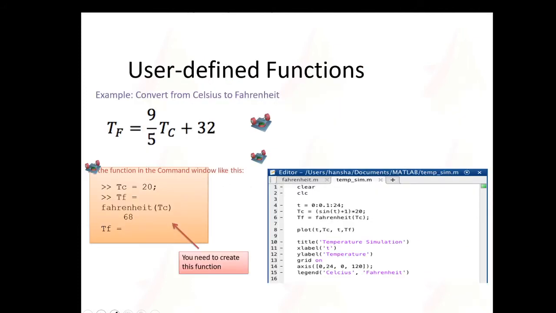Then converting Celsius to Fahrenheit. Tc equal to 20, and you are giving Tf equal to Fahrenheit of Tc. For this Tc of 20, what is the Fahrenheit value? You write the function for Fahrenheit as another function, in which you return the result.